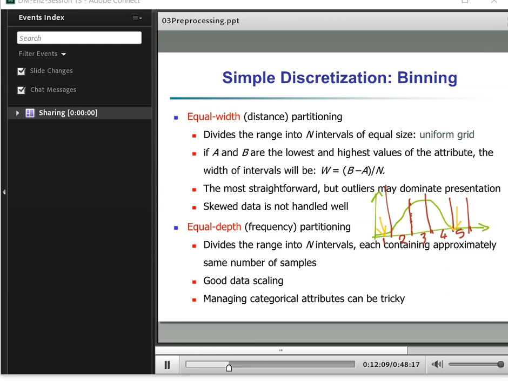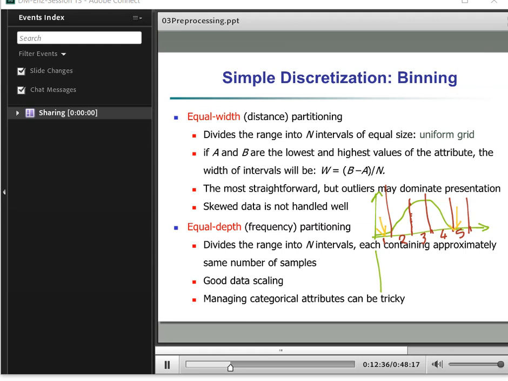Compared to them, the fifth bin is empty. Why? Because the distribution of data is skewed. The data is scattered in a small region.